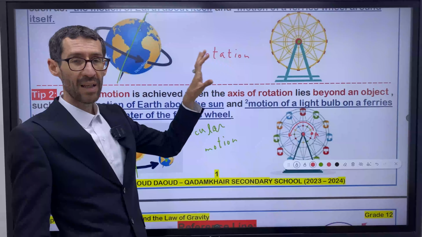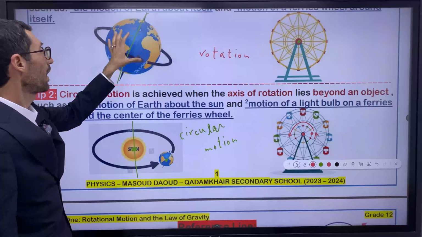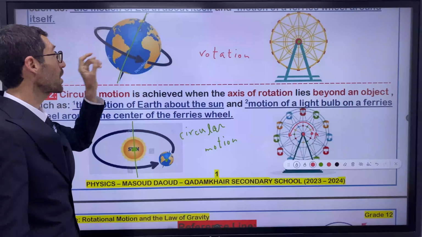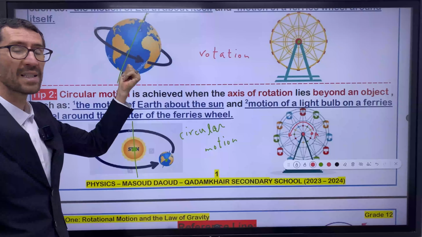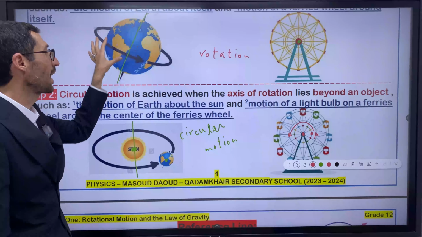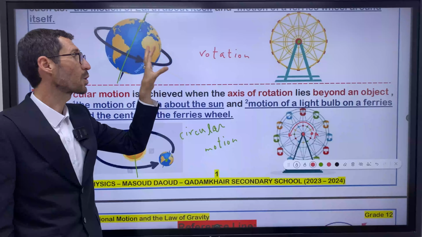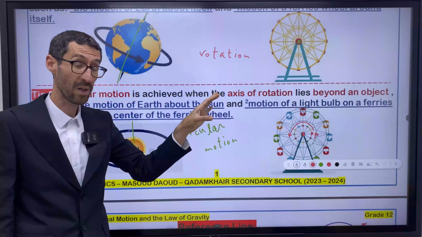And let me add one more piece of information for you. Rotational motion of Earth provides night and day. It takes 24 hours. So rotational motion of Earth takes 24 hours.